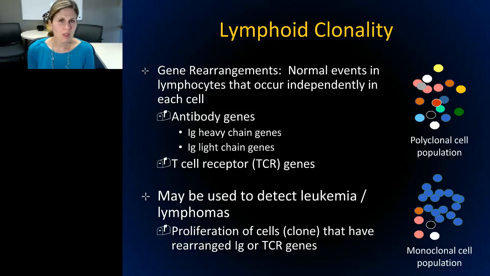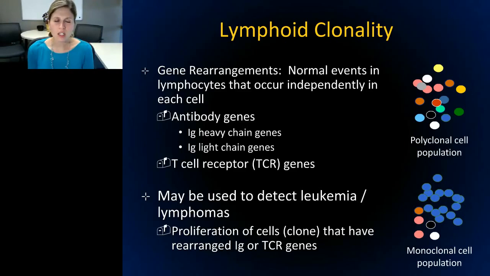And in any given human at any given time, generally speaking, we would see a varied population of cells, because we've got all of these different cells with different rearrangements of immunoglobulin genes and also of T-cell receptor genes. In the context of a leukemia or a lymphoma, what ends up happening is we end up seeing many, many, many copies of one particular gene rearrangement being expressed on the cell.